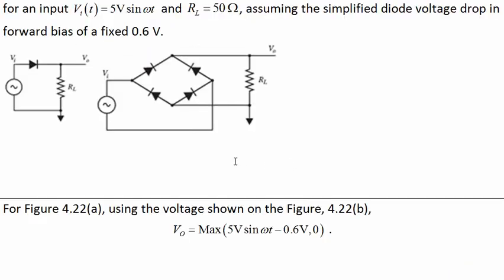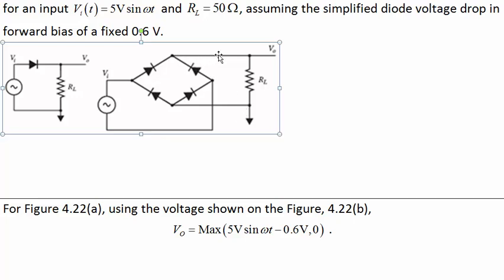The reason is because no matter which path we take in the full wave rectifier, whether we go through the top here and up that way, meaning that we came from this path this way. So one way down through the resistor is that way, and another one down through the resistor is that way.